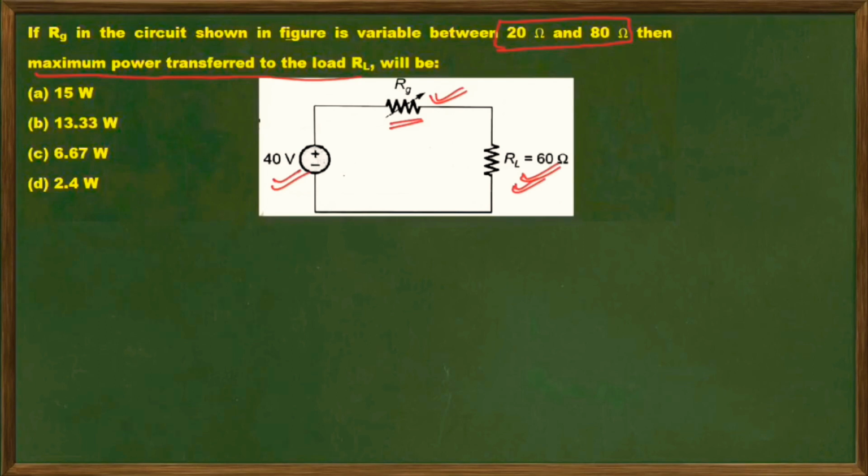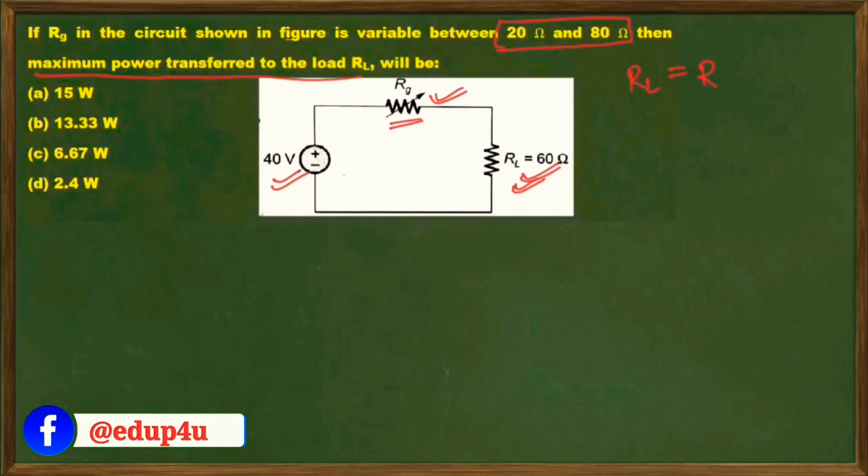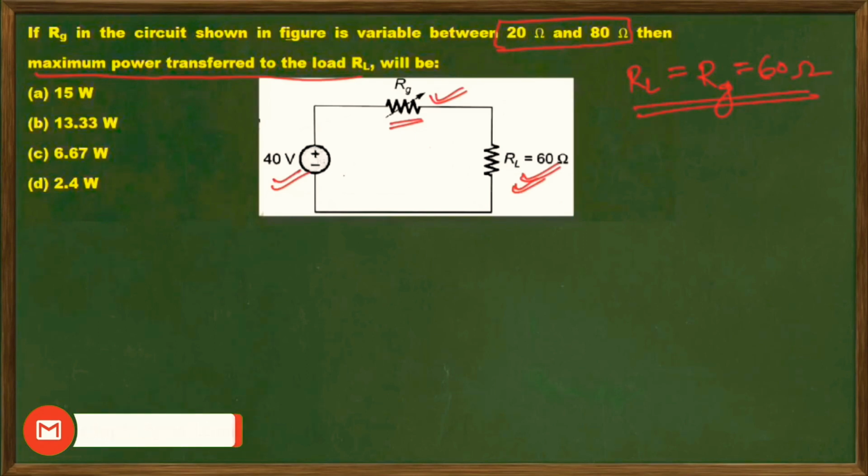In the last lecture we discussed that the maximum power is transferred to the load when the load resistance equals the source resistance. Here the load resistance is 60 and the source resistance is variable, so the source resistance Rg must equal 60 ohm in order to transfer the maximum power to the load.